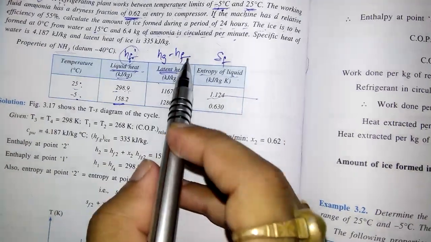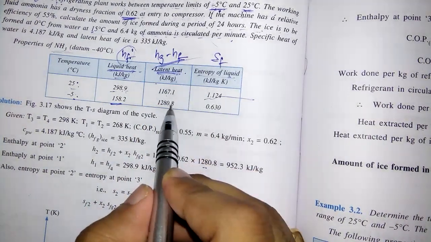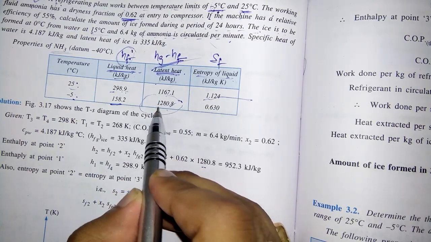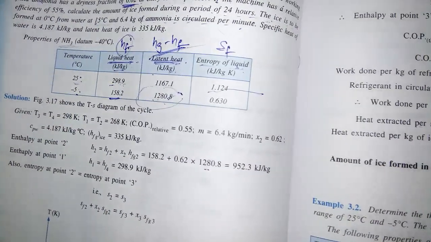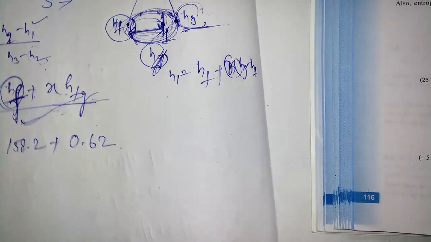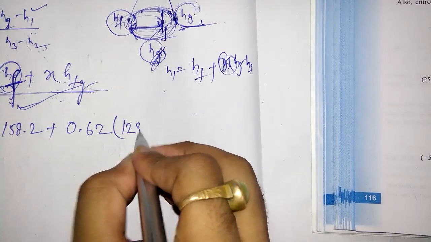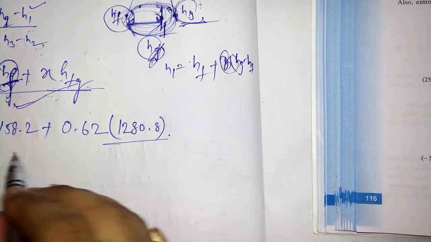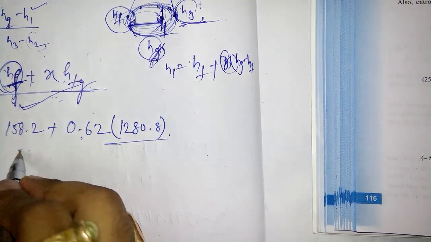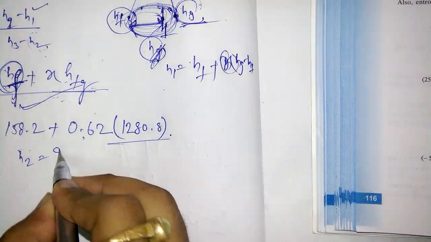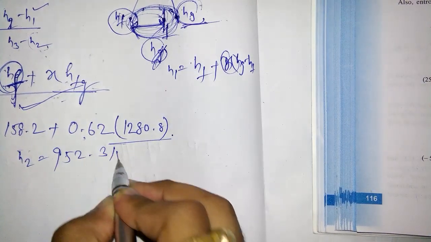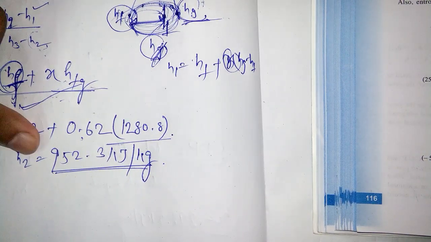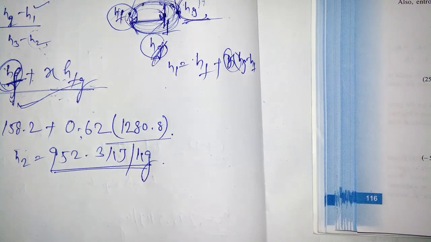I have told you, it is nothing but Hg minus Hf, in the minus 5 degree Celsius region, so it is 1280.8. If you solve this equation, you will get H2 as 952.3 kilojoule per kg.